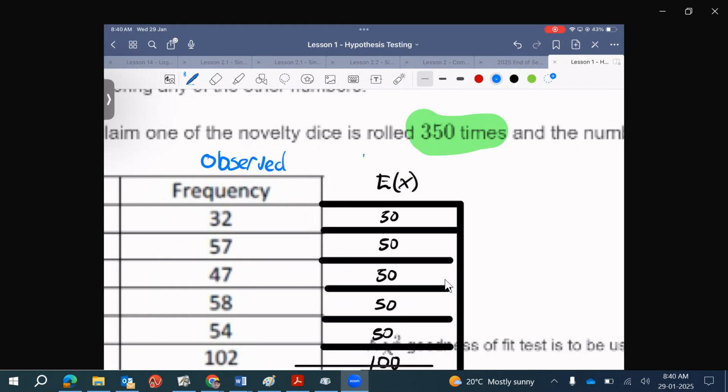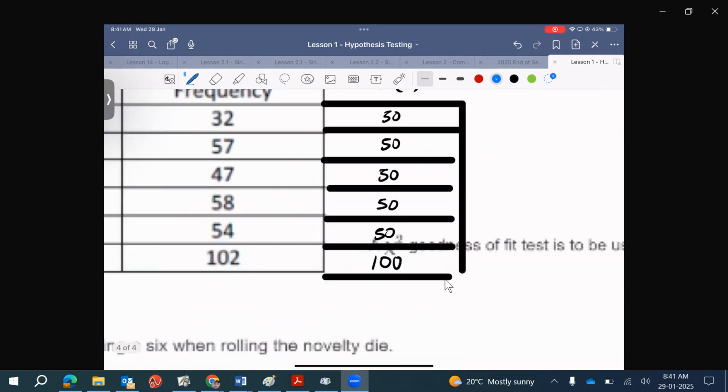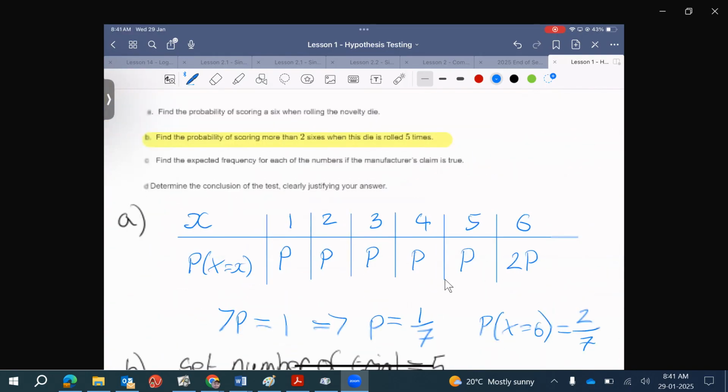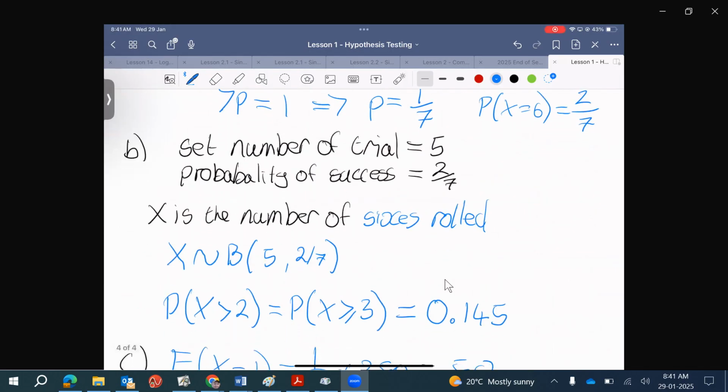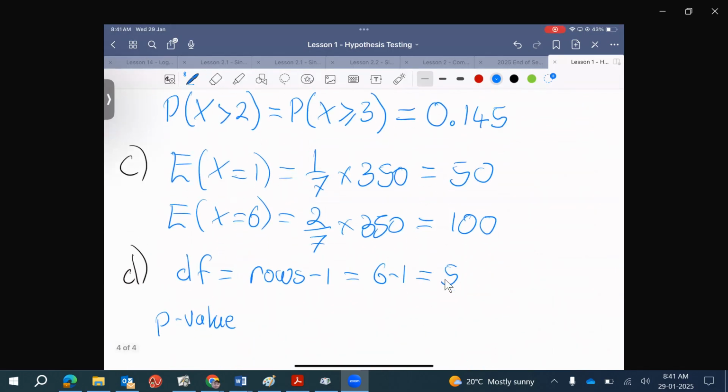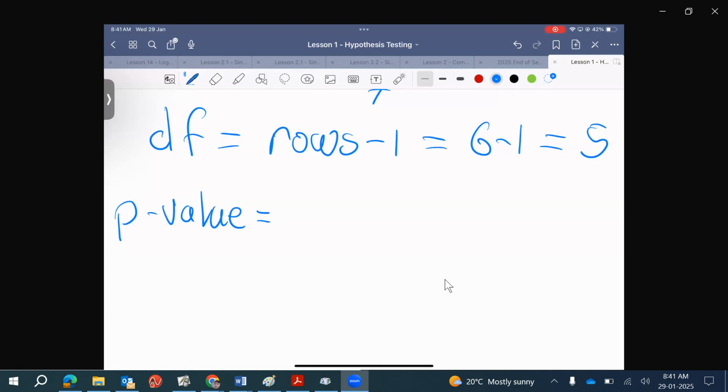And these are our expected values. So we put these two columns into our lists and then go into the chi-squared goodness of fit test, set our degrees of freedom to 5, and we should get a p-value of 0.0984.